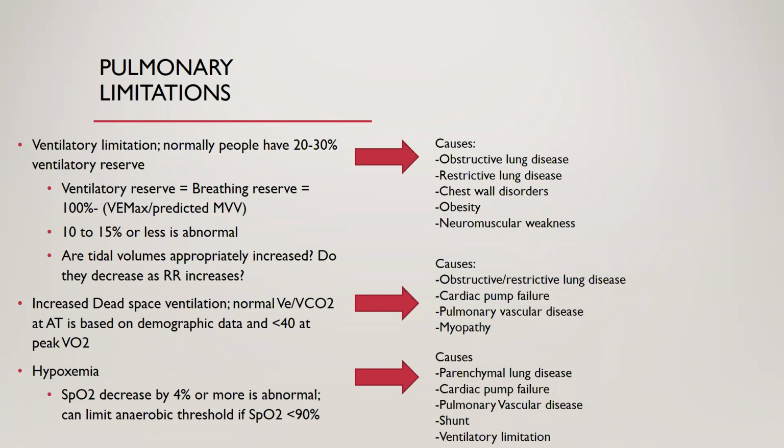Anything involved with the lungs, pump failure, pulmonary vascular disease, shunting, or if you really get to a point where you can't reach your minute ventilation and you start becoming hypercapnic, then your O2 can decline. But typically, if we're going to be purists, people who exercise who have cardiac diseases don't typically become hypoxemic. So that's not classic. Not that it's impossible, but it's not classic.